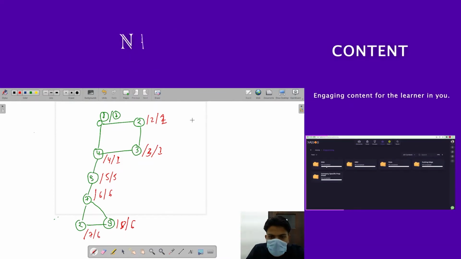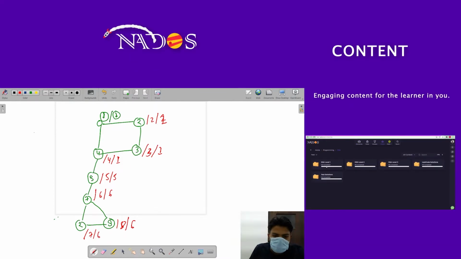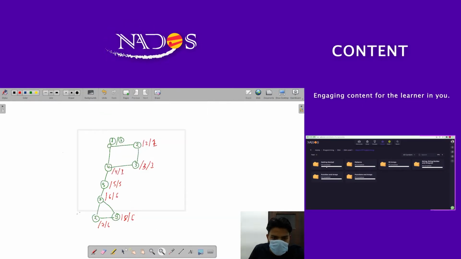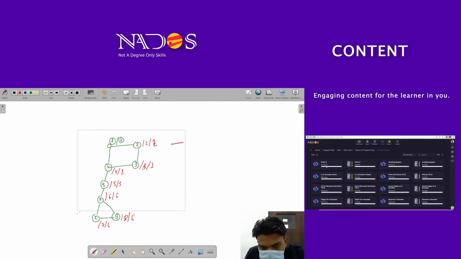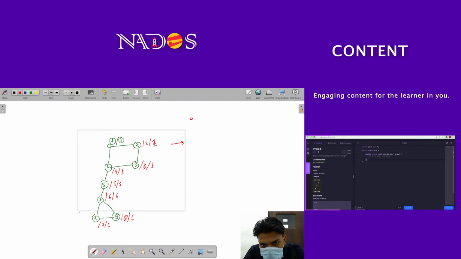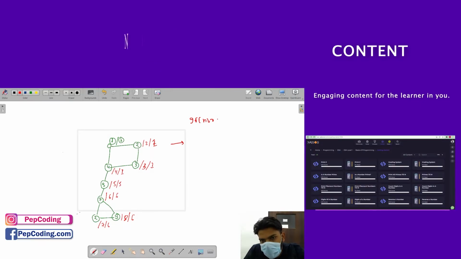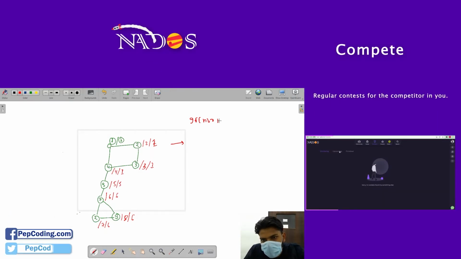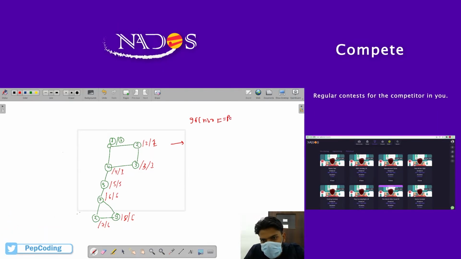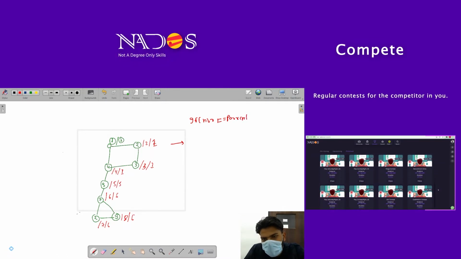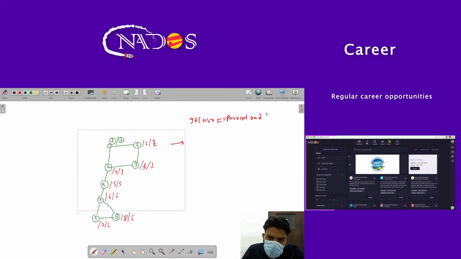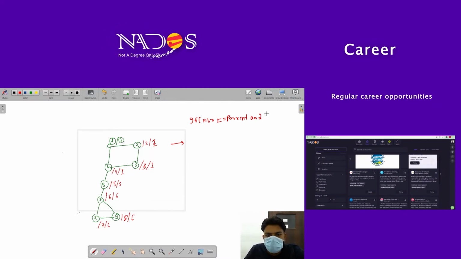Okay, and what are our conditions? Our condition is: if our neighbor is equal to parent, it's common that if the neighbor is the parent, then it would be wasted.